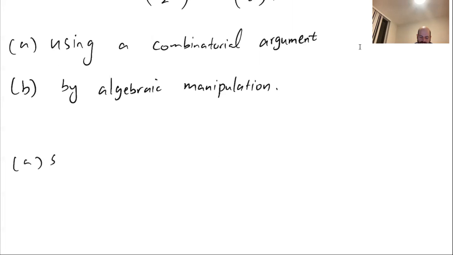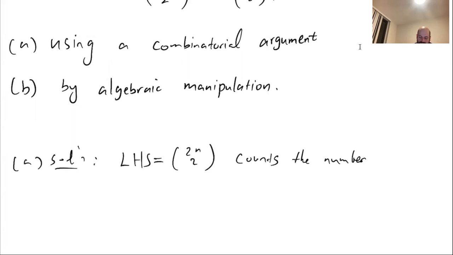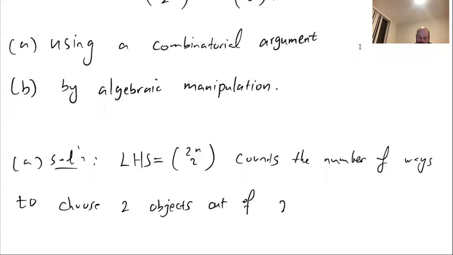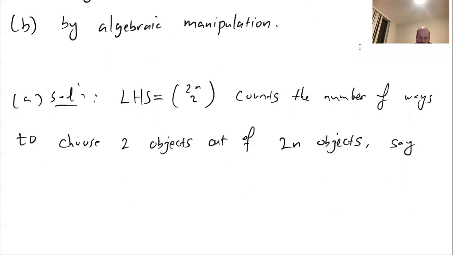So part A, solution. The left-hand side, 2n choose 2, counts the number of ways to choose 2 objects out of 2n objects. Let's say we have 2n objects.